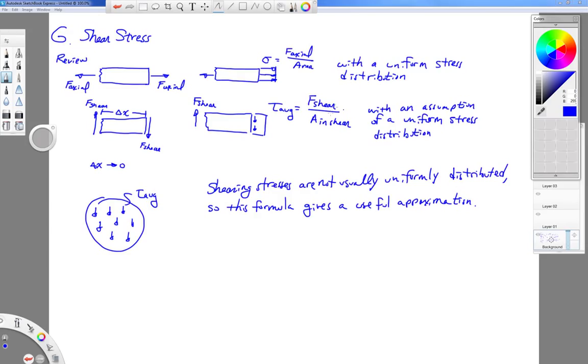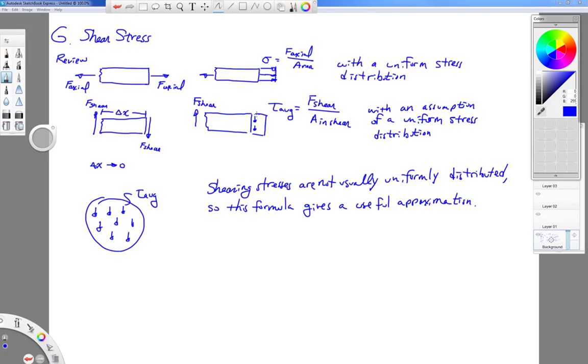Now, I did label this as an average shearing stress, and that's an important thing to note. With this formula comes an assumption that we have a uniform stress distribution, just like we did up here in tension. Now, in tension, the arrows go down the axis of the bar for the stresses.